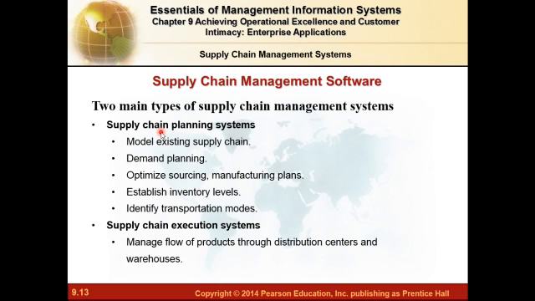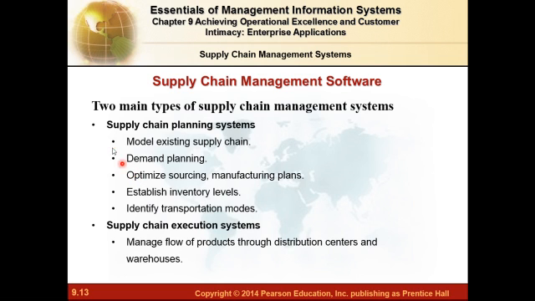So the supply chain planning system enables firms to generate demand forecasts, develop sourcing and manufacturing plans, and share information about changes easier and faster so work can be better coordinated.